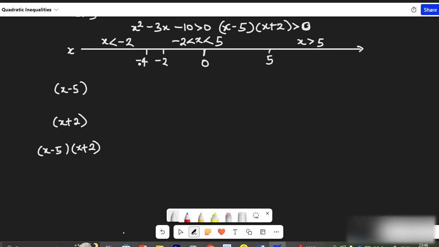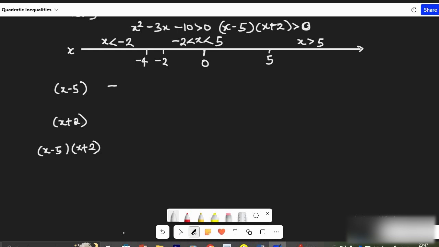Okay, so if I say x is minus 4, this factor here, x minus 5, will be minus 9, because minus 4 minus 5 equals minus 9. So that means that it's negative, right? So I'm just going to write that it's negative here.